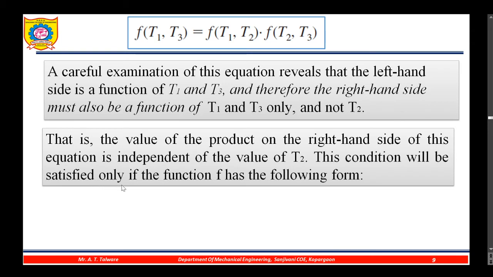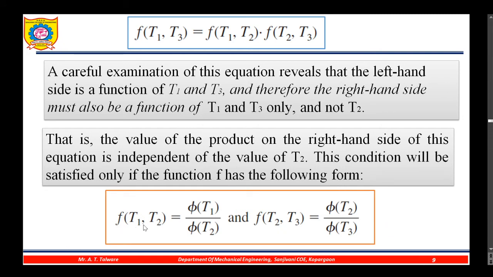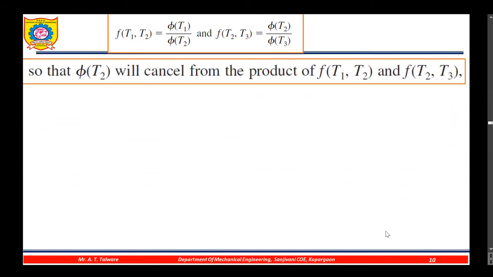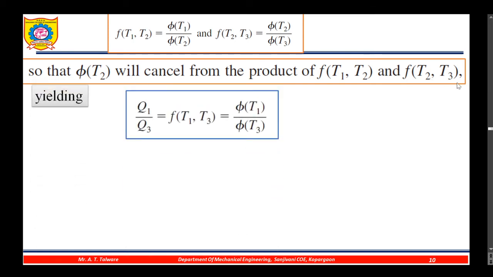This condition will be satisfied only if the function f has the following form: f of T1 and T2 is equal to phi of T1 divided by phi of T2, and f of T2 and T3 is equal to phi of T2 by phi of T3, so that phi of T2 will cancel from the product, yielding Q1 by Q3, a function of T1 and T3, equal to phi of T1 by phi of T3.